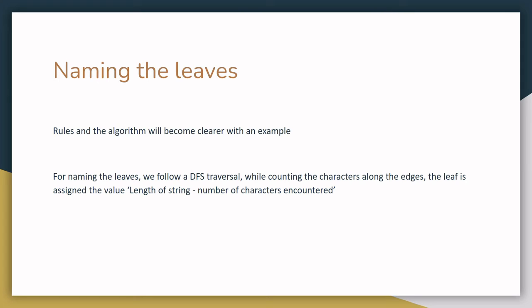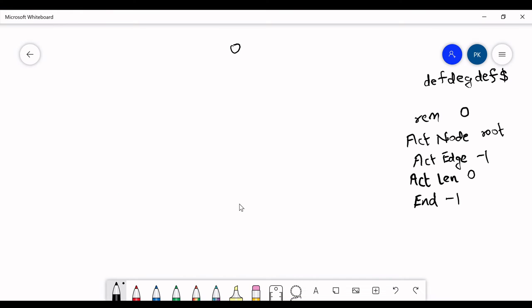Again, this just added an extra step, and still it hasn't simplified. So let's simplify our entire understanding of Ukkonen's algorithm with an example. All right, so let's look at an example for the construction of a suffix tree using Ukkonen's algorithm and all the techniques we have learned till now.